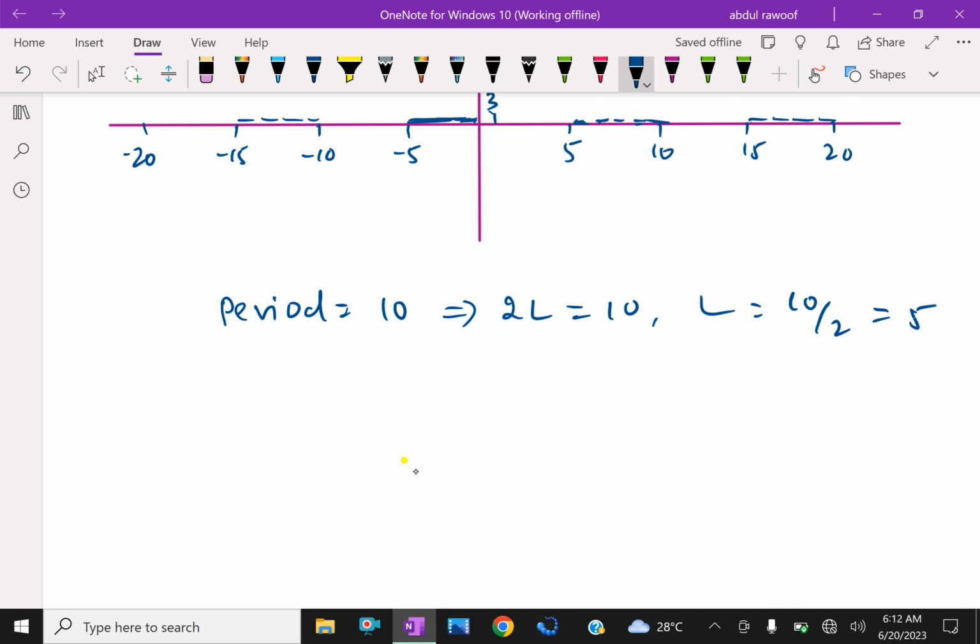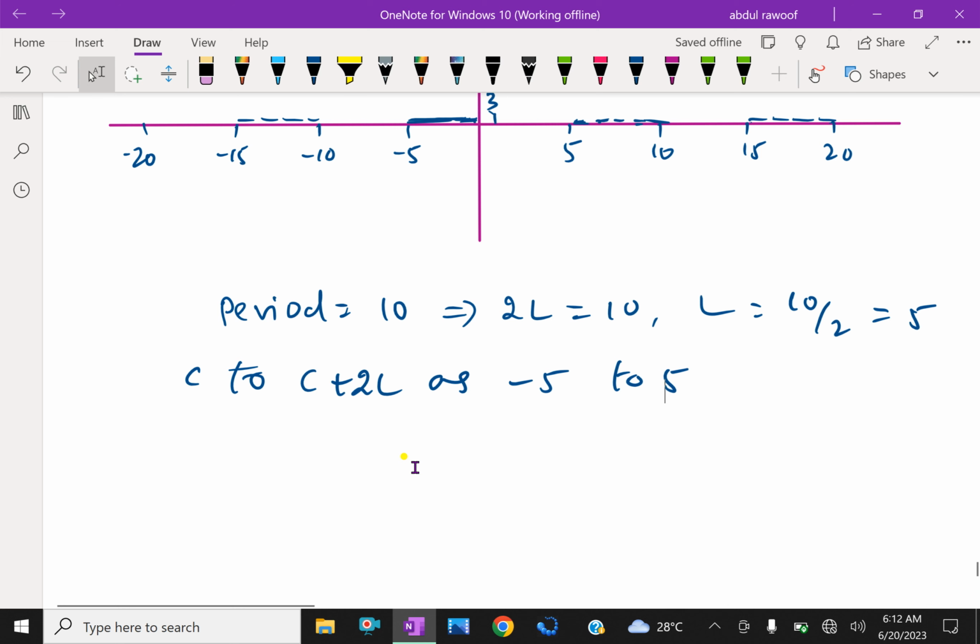Choose the interval c to c plus 2L, as minus 5 to plus 5. So c is equal to minus 5.